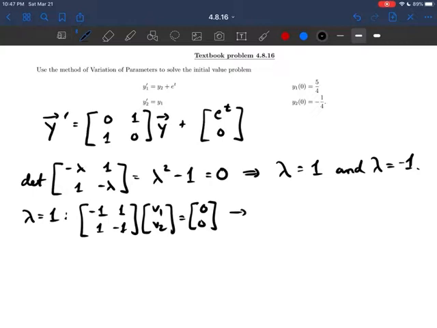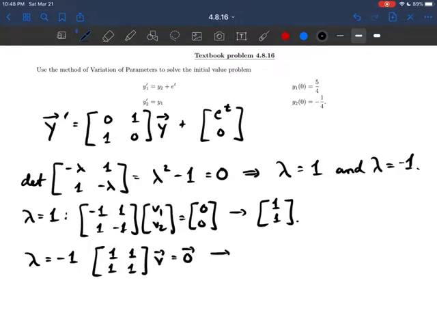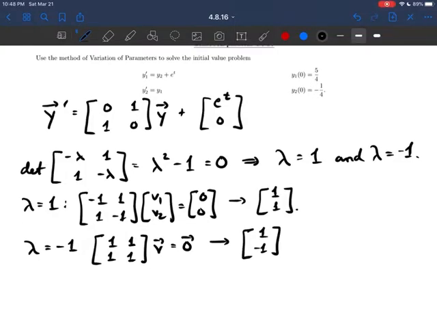All right, and we can see pretty directly that the vector 1, 1 will do the job. And then for lambda equals negative 1, we're going to subtract negative 1, so that makes it 1, 1, 1, 1 as our matrix times v equal to 0. And here we can see that the vector 1, negative 1 would do the job.